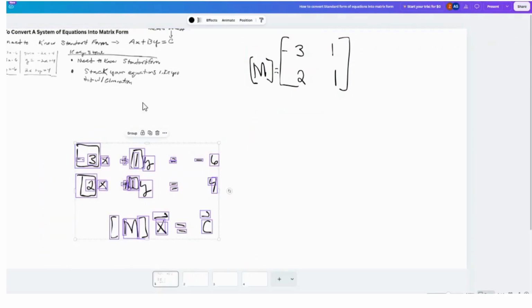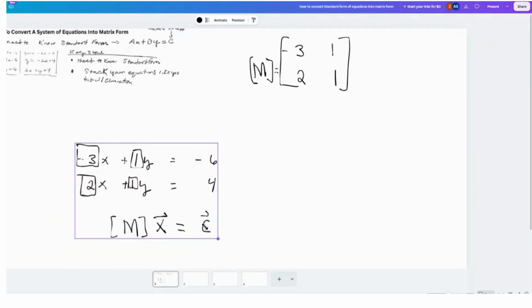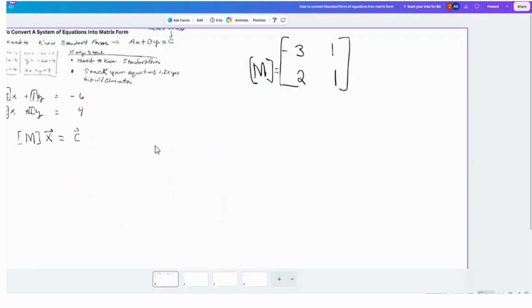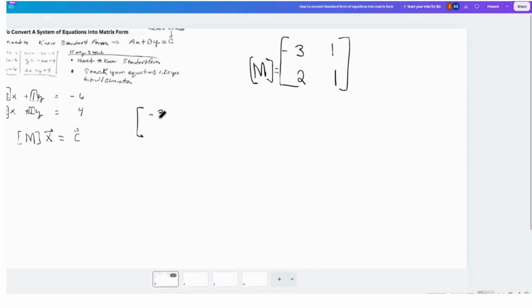But let me take it a little step further, if I may, in this video. I take my matrix M, negative 3, 2, 1, and 1, and then I take my vector x. What is my vector x?